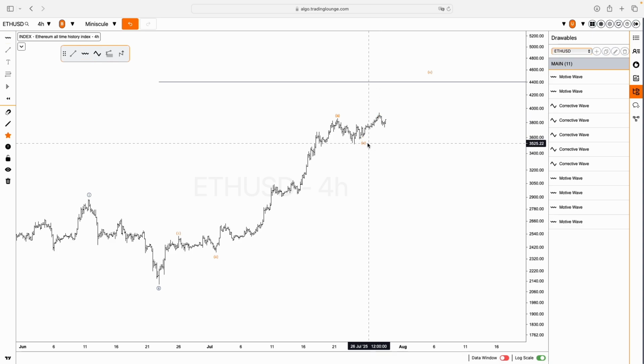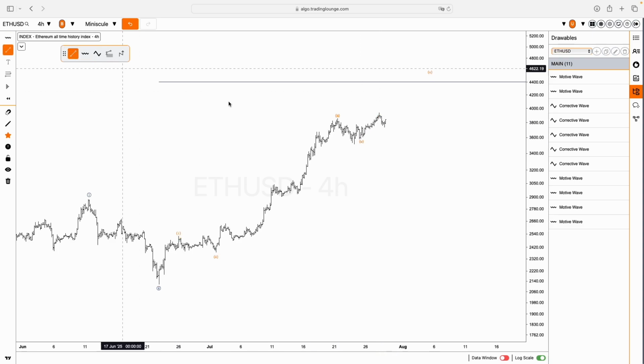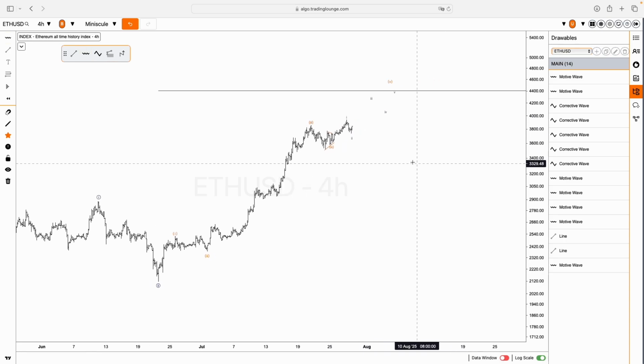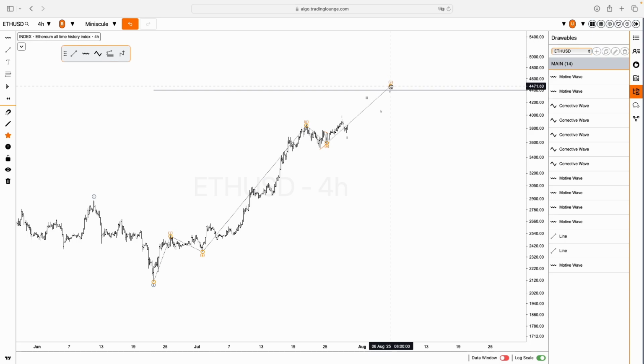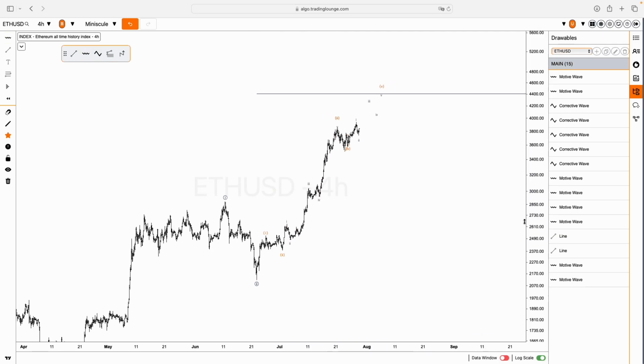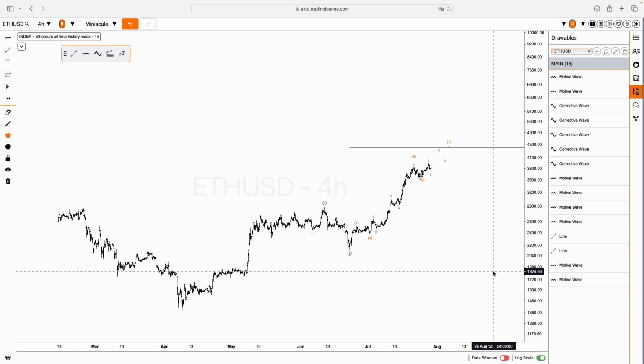Sorry, it could be a triangle here. 1, 2, 3, 4, 5. So I would say equality, so around 4,200, can be reached. And then at that point, as usual, gotta take one wave at a time. But yeah, upside, the way I see it.